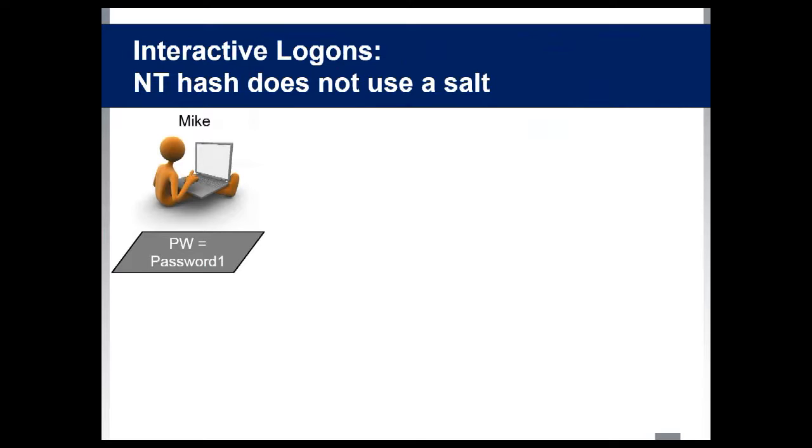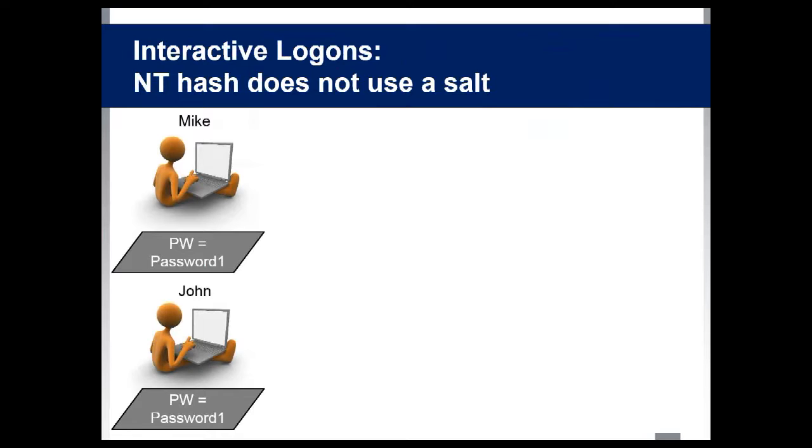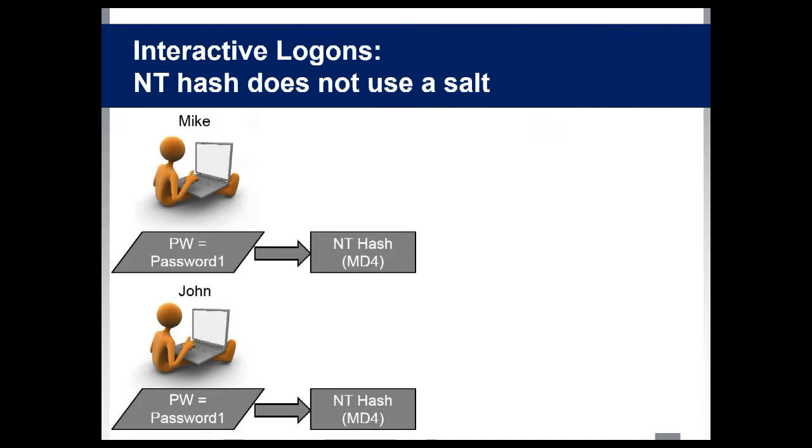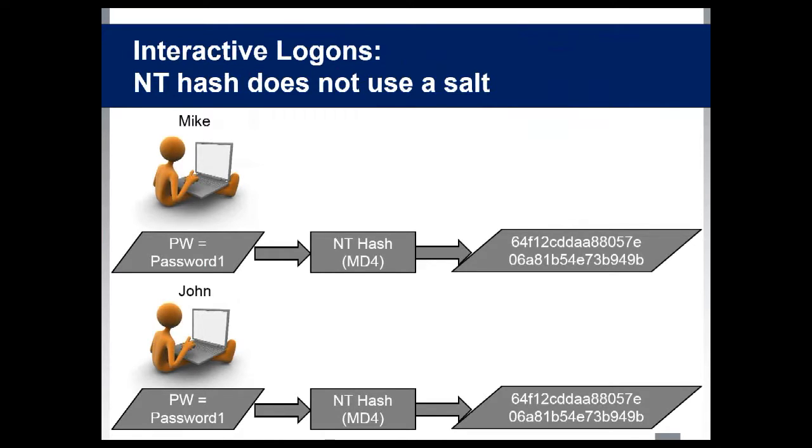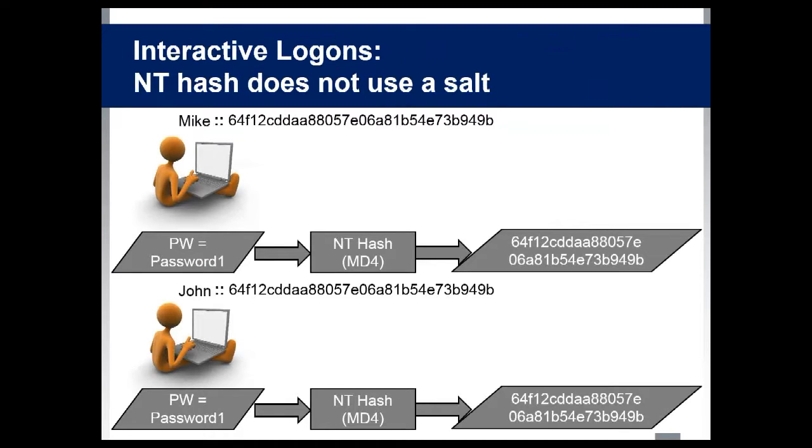Ideally, you'd have something unique in there with each user's password so that my password, password 1, and say John's password, password 1, would not be the exact same. But with an NT hash used directly for authentication to remote systems, that's in fact what happens.